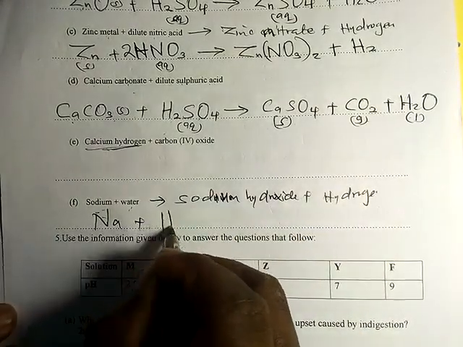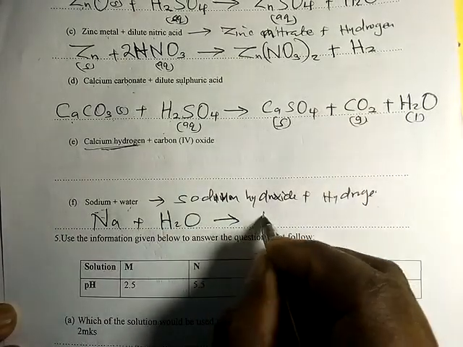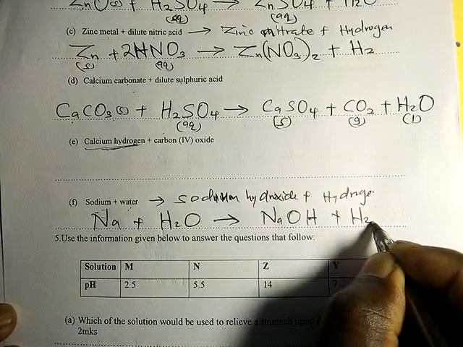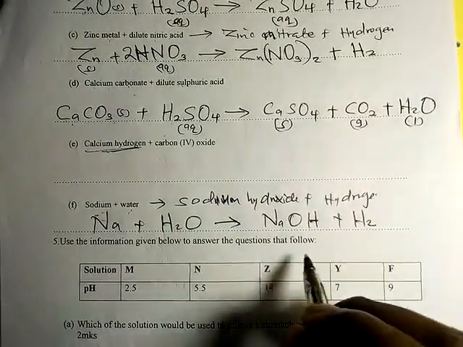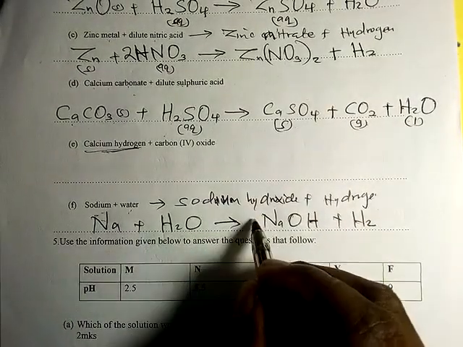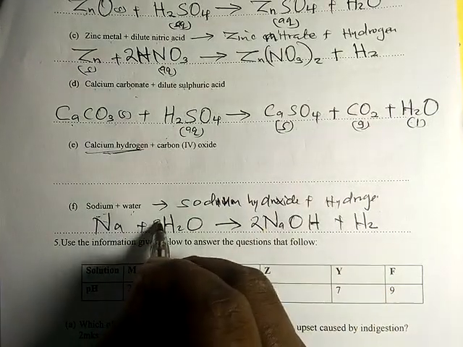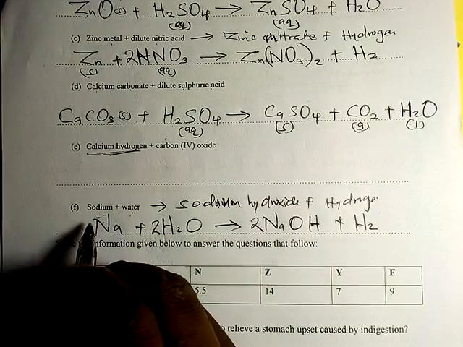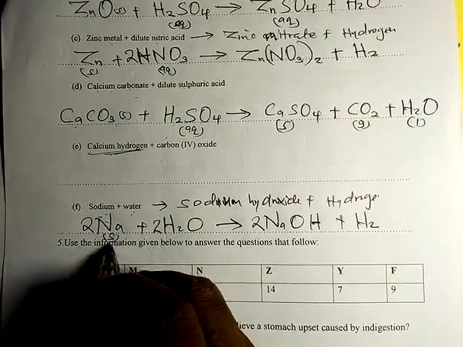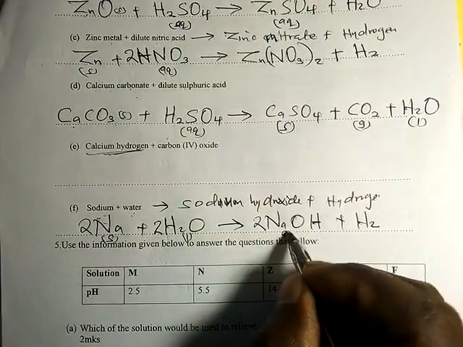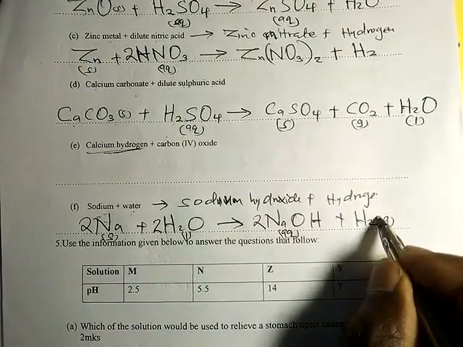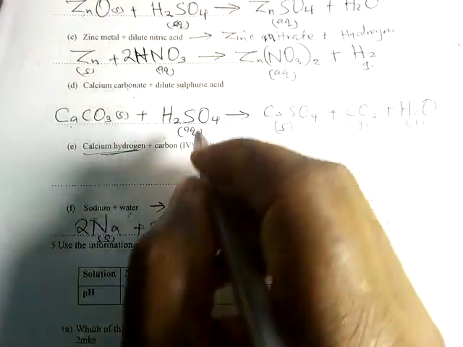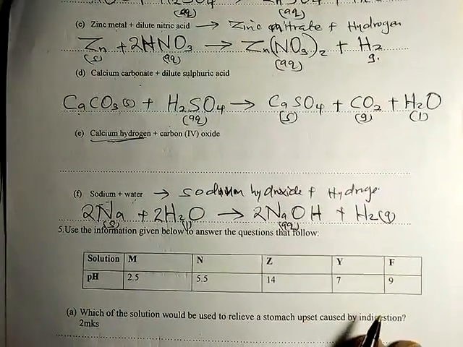Sodium plus water will give you sodium hydroxide plus hydrogen. Hydrogen is a gas, sodium hydroxide is aqueous. So that's how you write it.